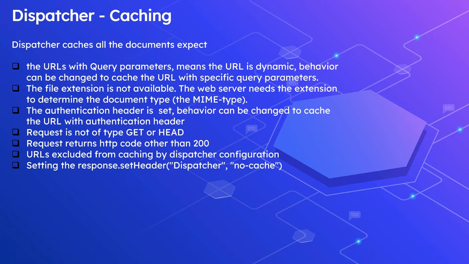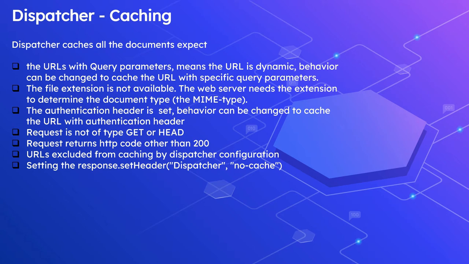You can also exclude some URLs from caching through dispatcher configurations. If we enable a rule for that, those URLs will not get cached. If you want to tell the dispatcher not to cache some URLs, you can set a header from your publisher response, Dispatcher: no-cache. If this header is available, the dispatcher will not cache those URLs.